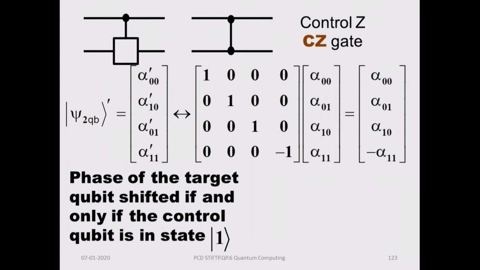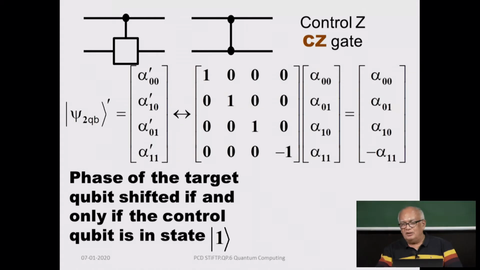Okay, and with this reminder we can now discuss the control Z 2 qubit gate. So, the single qubit gate essentially was a phase shift gate, and the control Z gate has this operation. So, the phase of the target qubit is shifted if and only if the control qubit is in the state 1. Okay. So, the logic is somewhat similar to how it was with the control NOT, the control X. Okay. But now the effect is different.